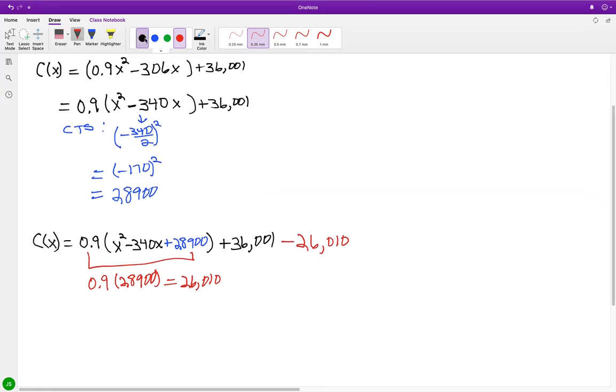So for c of x, I will have 0.9 times the quantity x minus 170 squared, and we have 36,001, take away 26,010, so I'm looking at 9,991.